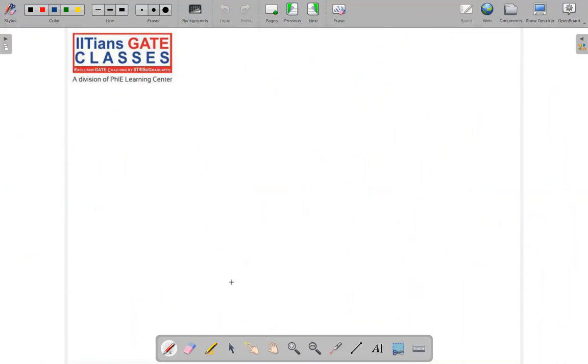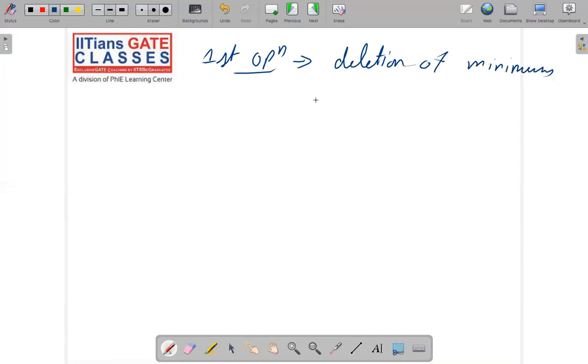So there are two operations. First operation is deletion of the minimum from the min heap. You know that finding the minimum in a min heap is the easiest way, so that is why we are using the min heap data structure so many times.